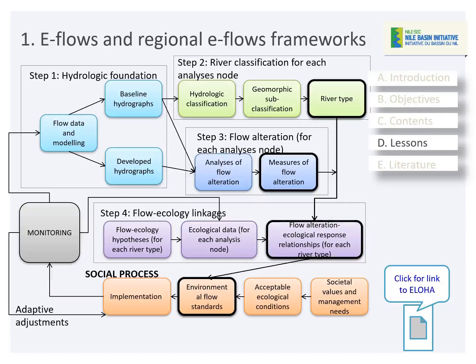Once we have that information, and we know what river type we're dealing with, and we know what we want to achieve in the context of a sustainable balance between the use and protection of environmental flows, we need to establish these standards. And those standards are very importantly based on society, and how society in the context of the basin decides what an acceptable balance would be between using and protecting that environment, always in the context of sustainability.